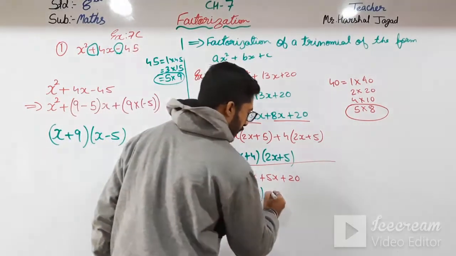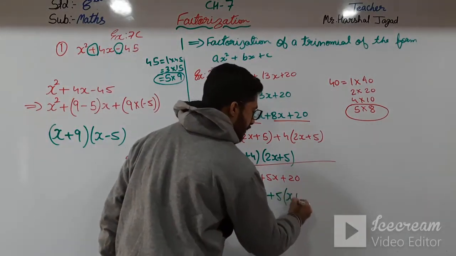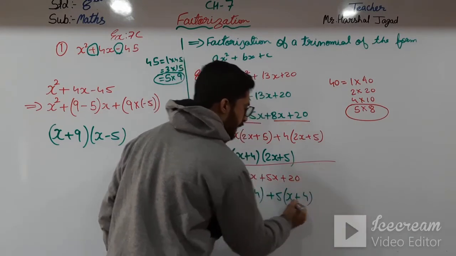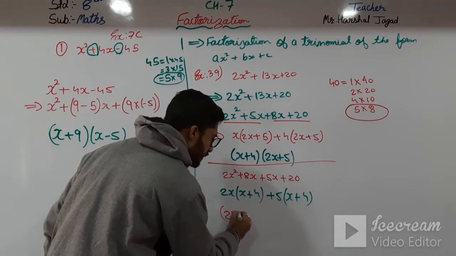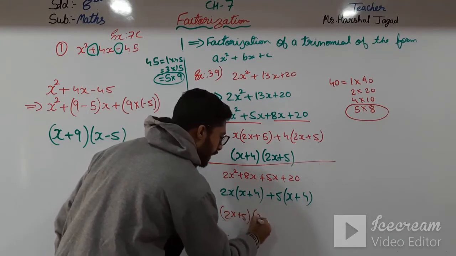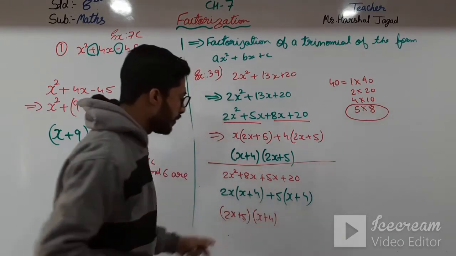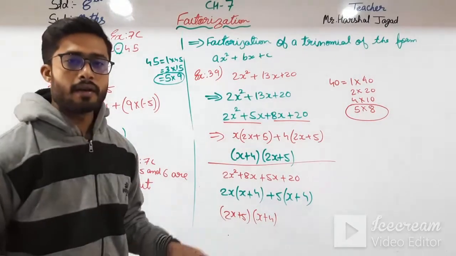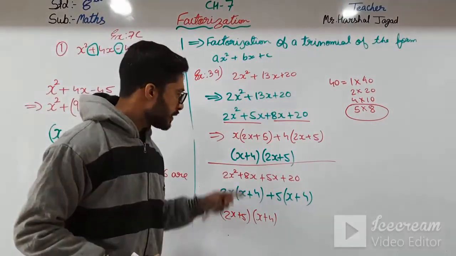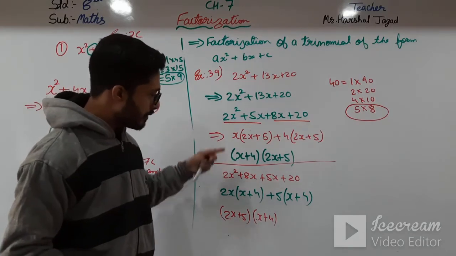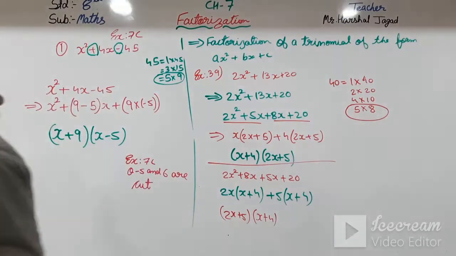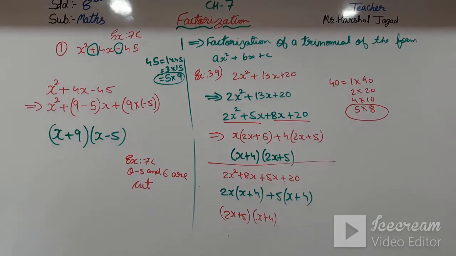Then plus 5, here it will be x plus 4, 5 fours are 20, and you will get the same answer, that is 2x plus 5 and x plus 4. Okay, this is your answer. Please note down this. You can do any of these, both are the same only. You can see both the answers are the same. And moving forward to example number 14.